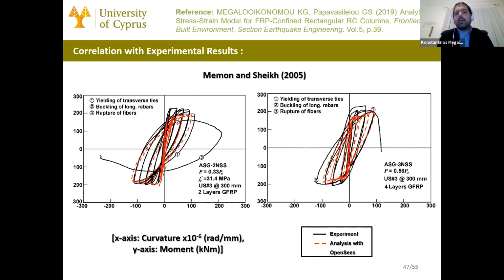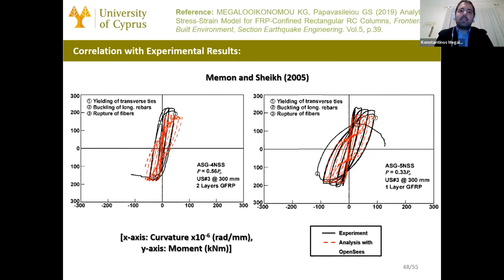It is not the classic testing setup of a column under cyclic loading, so maybe this contributed to this effect. Even in the next slide, again, it's symmetric.